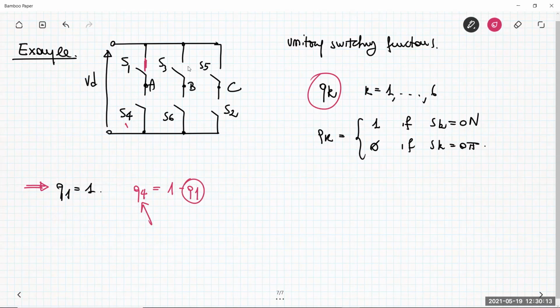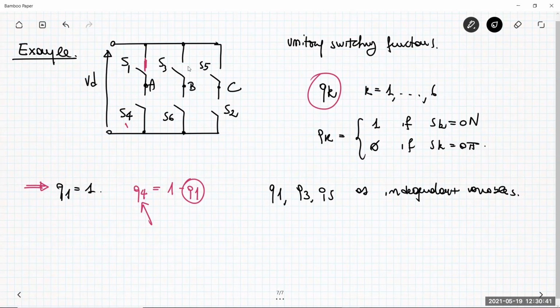So we can choose, for example, Q1, Q3, and Q5 as independent variables. That means that Q4, Q6, and Q2 depend on these variables.